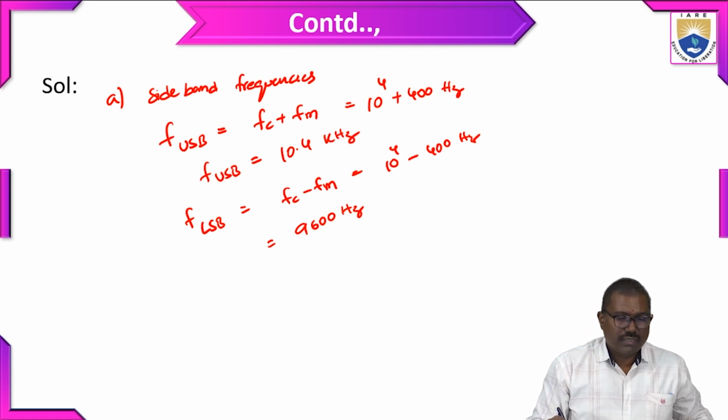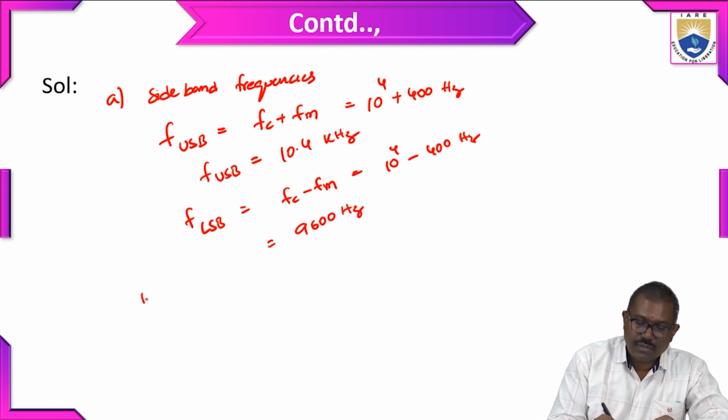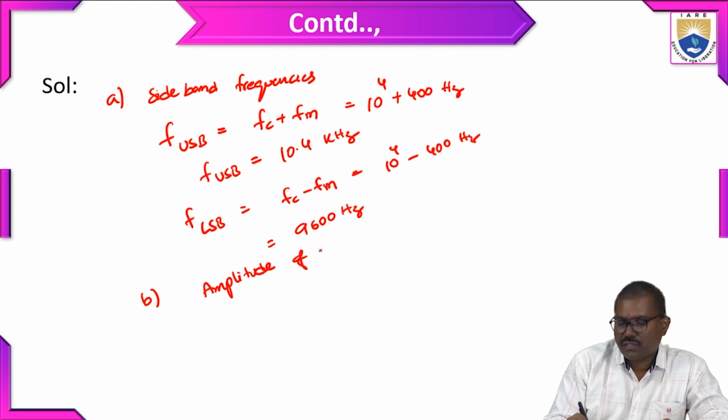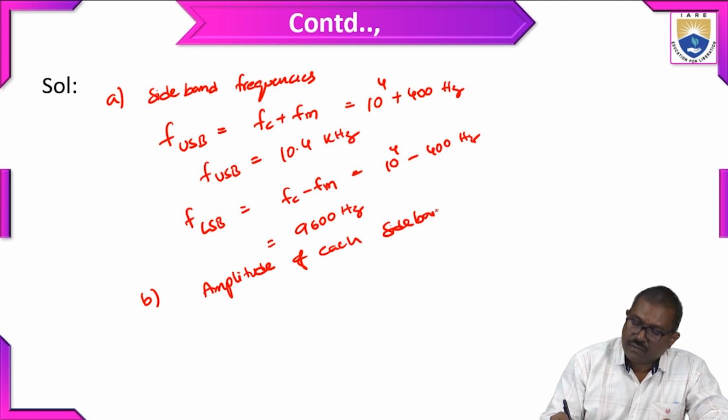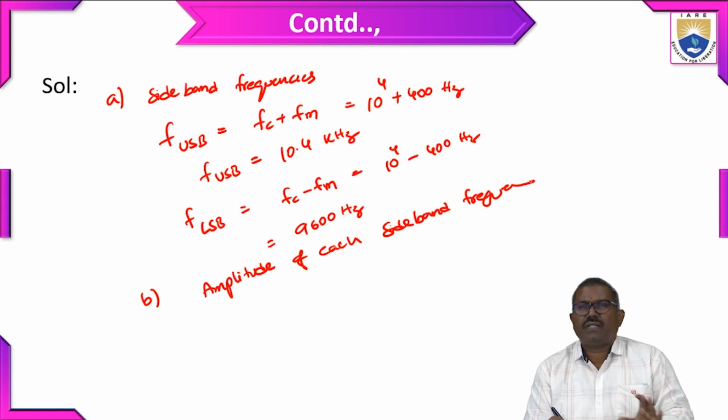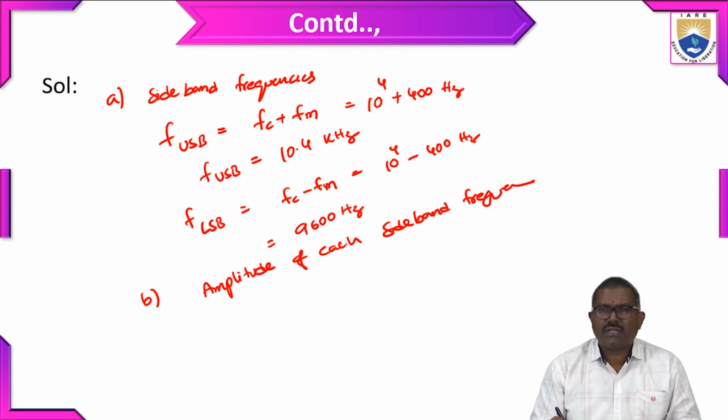So this is my sideband frequencies. And what is B bit? B bit is the amplitude of each sideband frequency. So this is my B bit, amplitude of each sideband frequency.